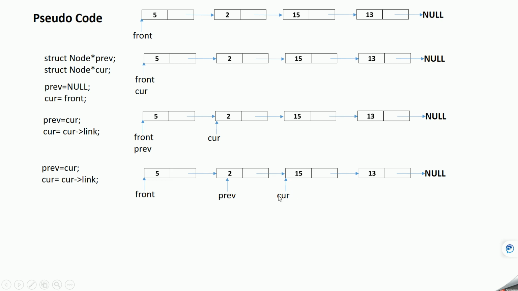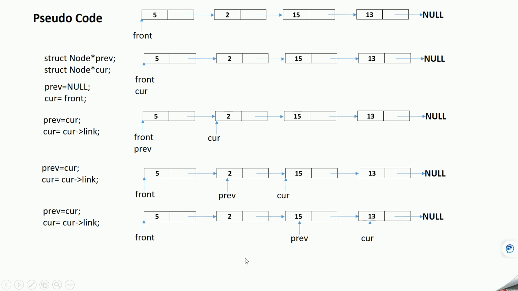Similarly, we'll move this current again to this node. For that we'll write the same code again, and now this previous will point to this node and this current will point to this node. So this is how we'll travel to this last node, like this.